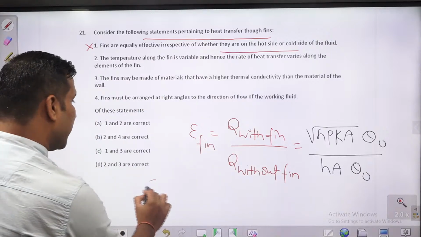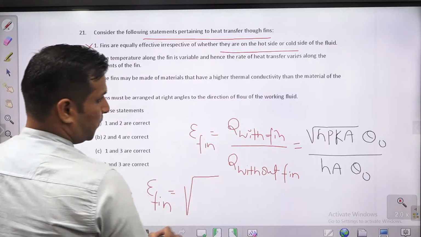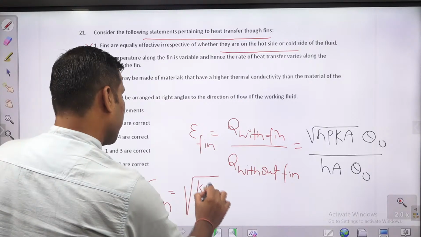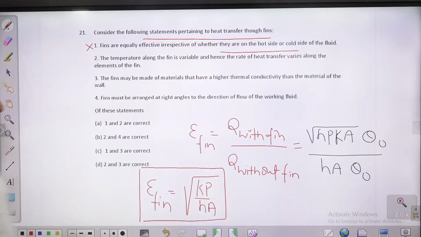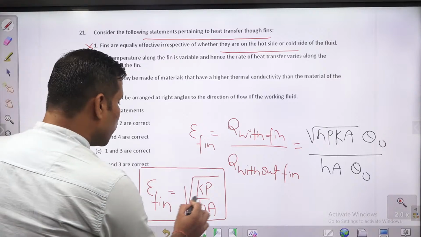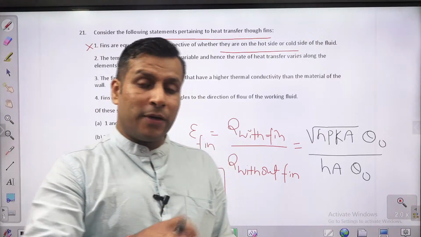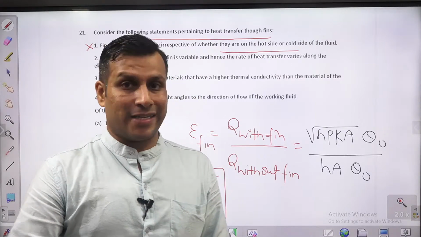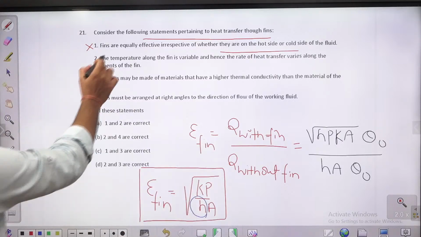Solving this, you will get effectiveness of fin equal to under root KP by HA, considering the infinitely long fin. You know guys, fins are more effective if the convection heat transfer coefficient is lesser. Generally we introduce fins at a location where the convection heat transfer is lesser. So it depends on that, not on the hot and cold side. So this is not right.